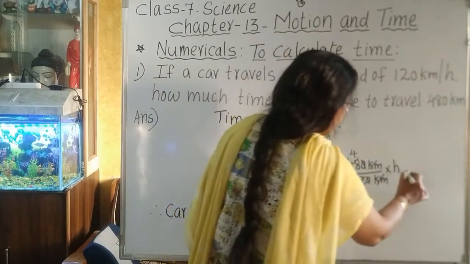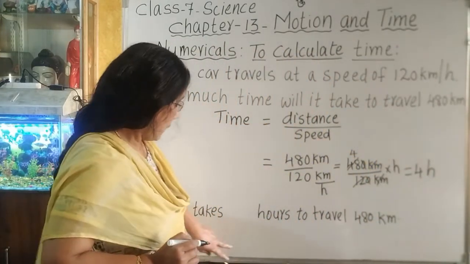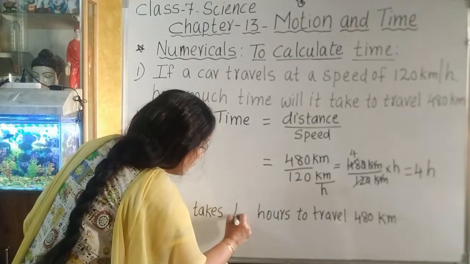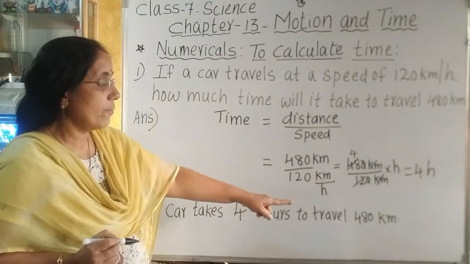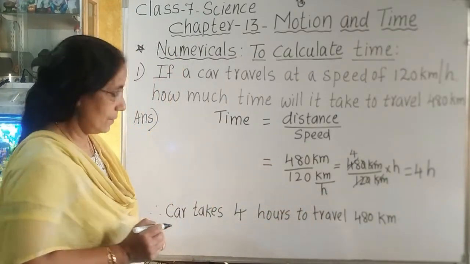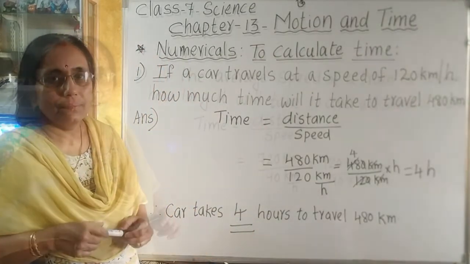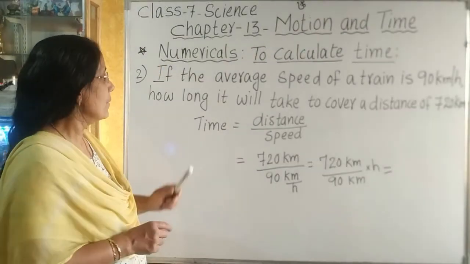So what is the answer? 4 hours. So we can write it as the car takes 4 hours to travel a distance of 480 km. That is the final answer. Now let us discuss another example.